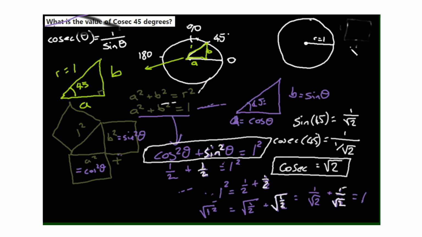When I used to do exams, I used to always use this circle. You've got 0, pi over 2 equals 90, pi, 3 pi over 2, sine theta, cosine theta.